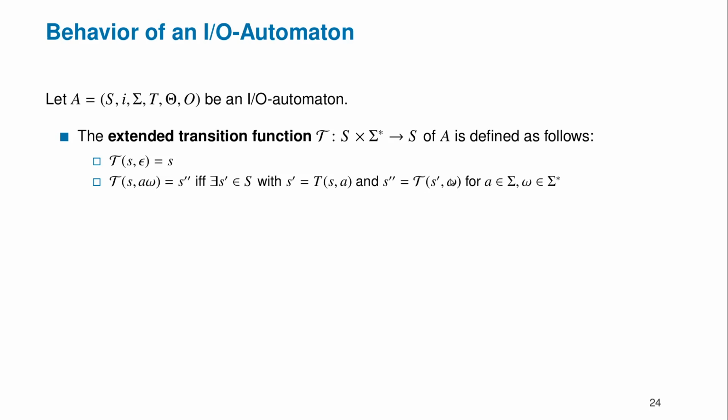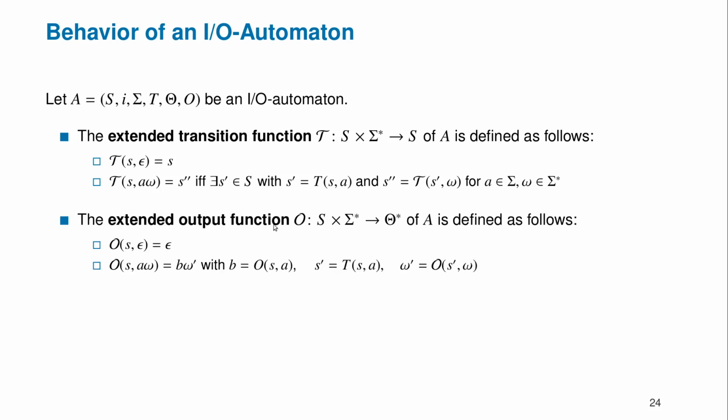And by this I can define how I come from a state S when reading a word to a state S double prime.